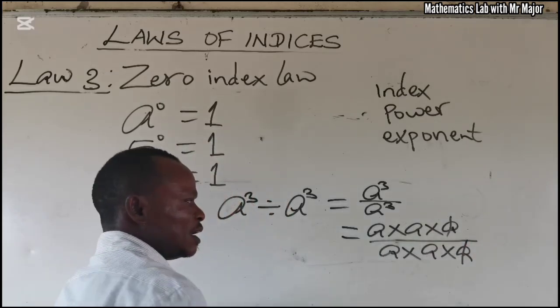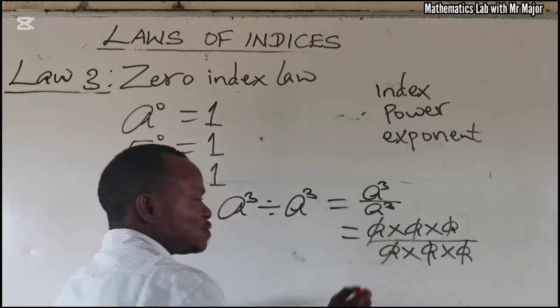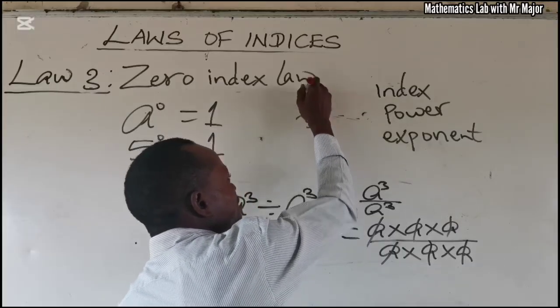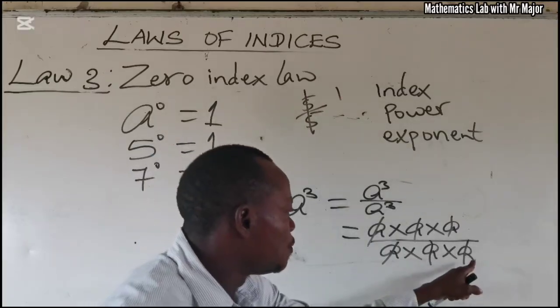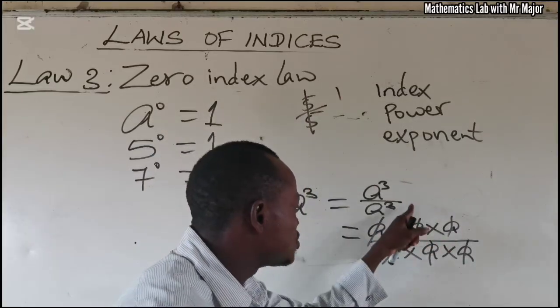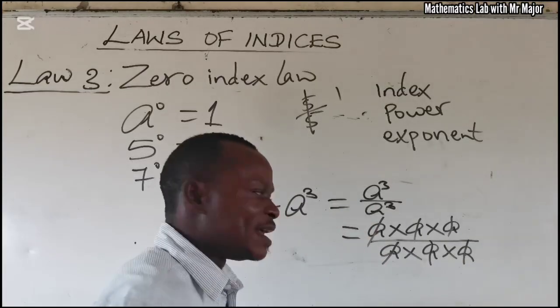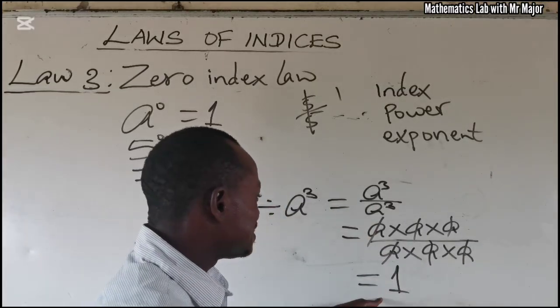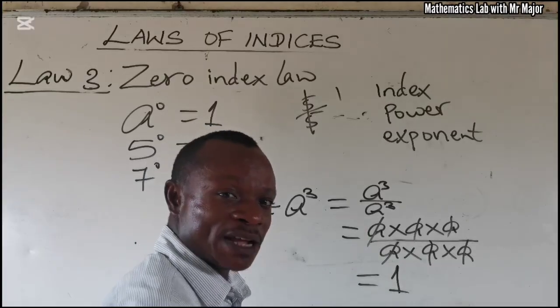Now, a will cancel a, a will cancel a, a will cancel a. Mind you, if you have 5 divided by 5, 5 cancel 5 is 1. So, a cancel a is 1, a cancel a is 1, a cancel a is 1. That means our final answer is 1. Now, that is the conventional method.